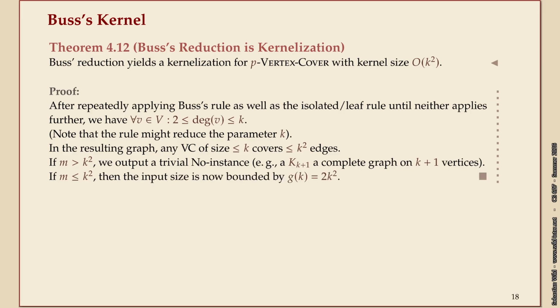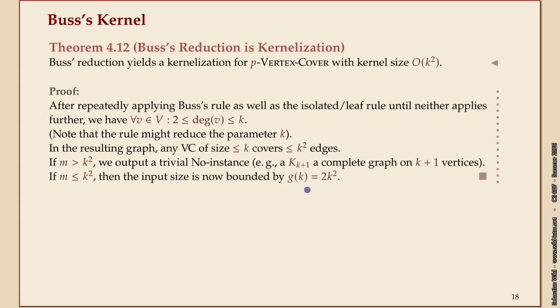And otherwise, if my number of edges is at most k squared, well, then the number of vertices is also at most k squared, because I have to put these edges somewhere, and I can at most put k edges per vertex.